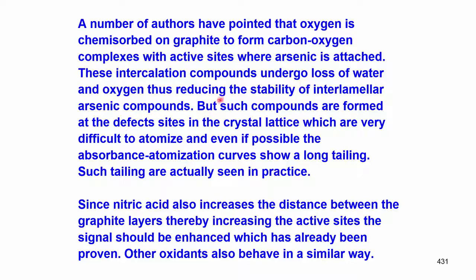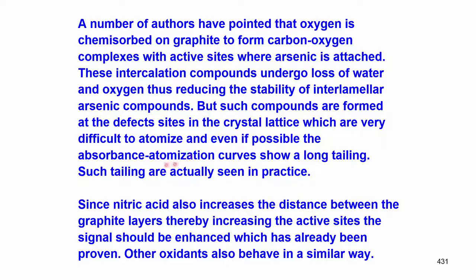They undergo loss of water and oxygen also, which reduces the stability of the interlamellar arsenic compounds. Such compounds are formed at the defect sites in the crystal lattice of the graphite, which are very difficult to atomize. They go inside the surface and do not get detected.